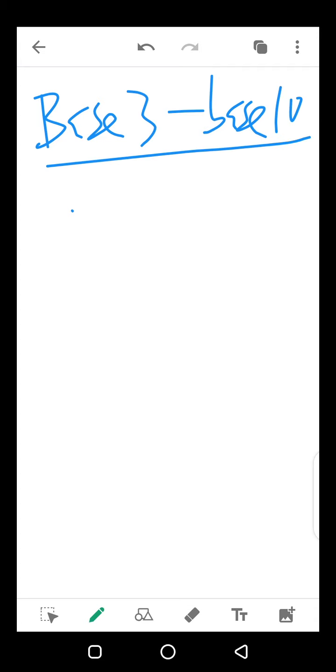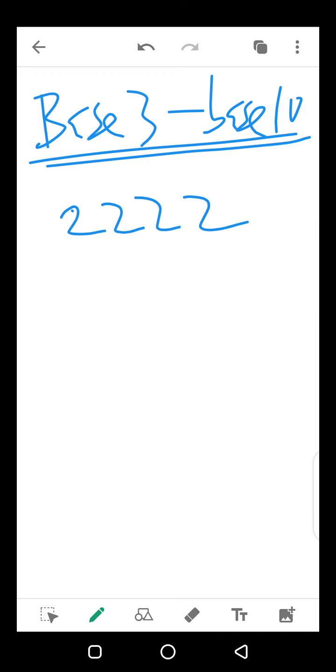If you have 2, 2, 2, 2 in base 3 and we are asked to convert it back to base 10, how do we do it?